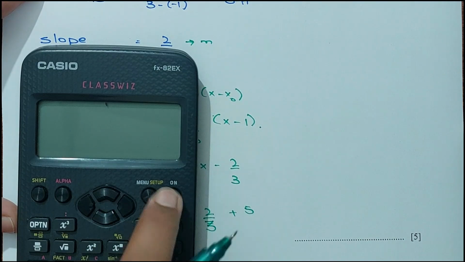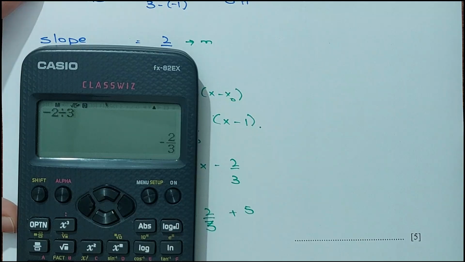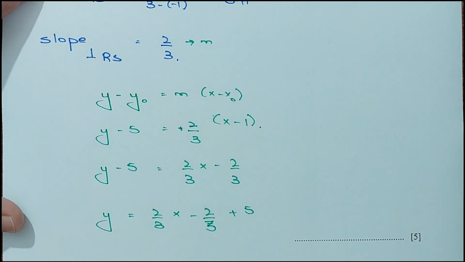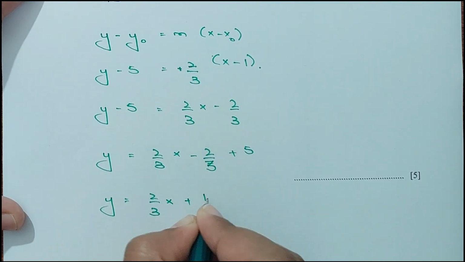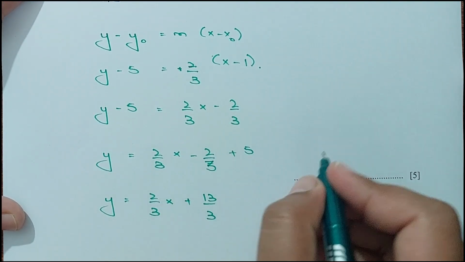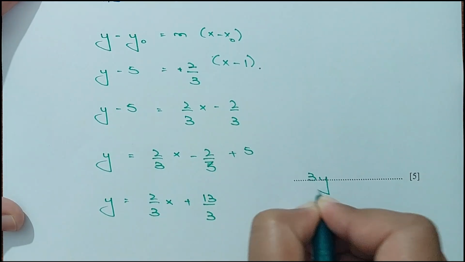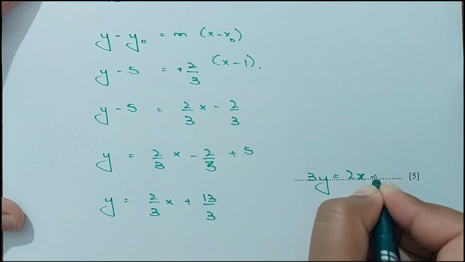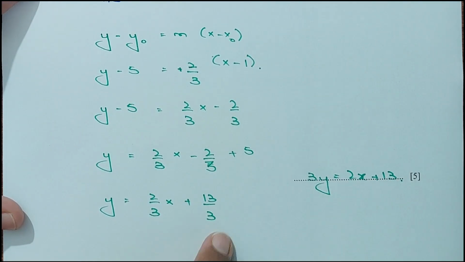Okay, minus 2 by 3 and plus 5. This is 13 by 3. So y equals 2 by 3 x plus 13 by 3. Or we can say 3y equals 2x plus 13. This is also correct, because 3 is in the denominator.